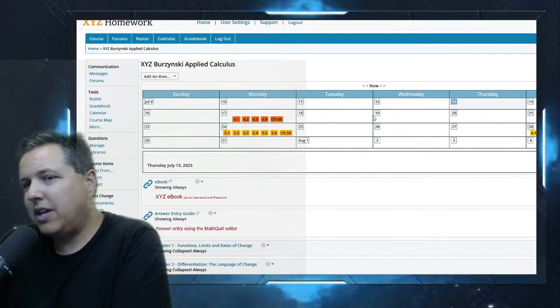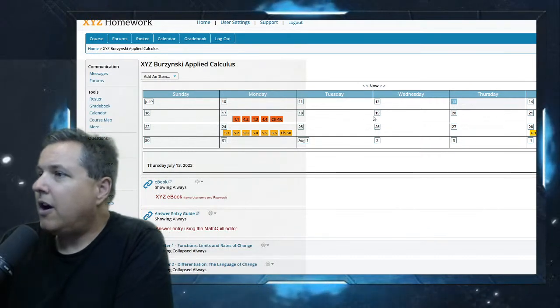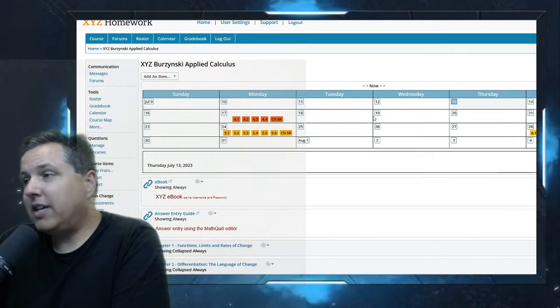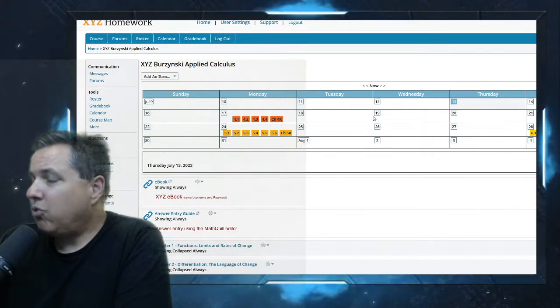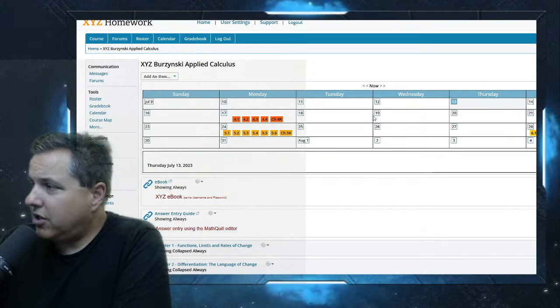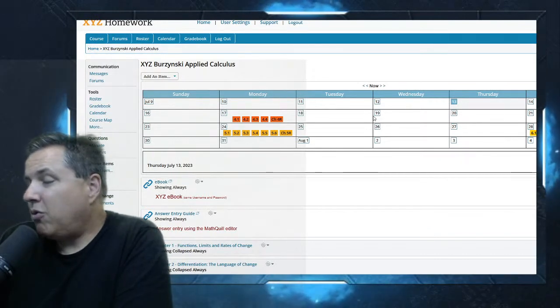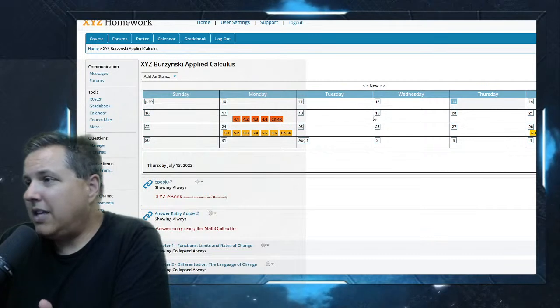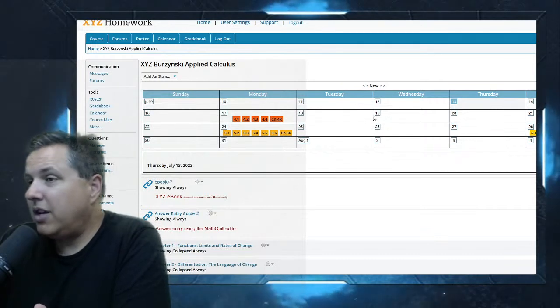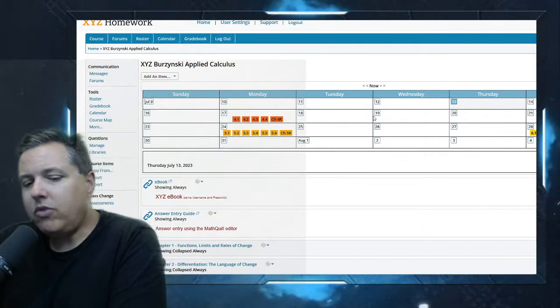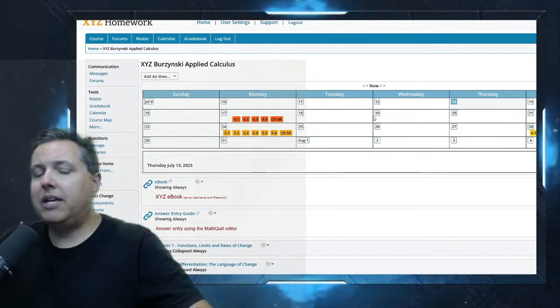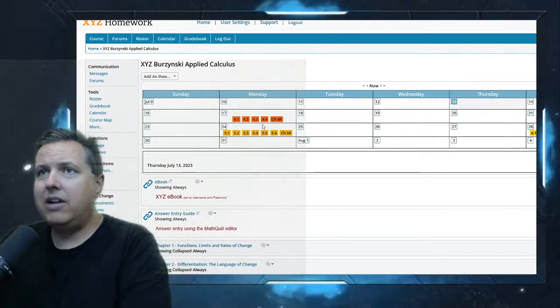There's already software that can be helpful with derivatives. But again, as always, the important thing is knowing how to use it, right? That's great that you have something that you can put a function into and it gives you back the derivative. But if you don't know what that means or how to use it, then what was the point of any of it, right? So we'll look at some examples of that today.